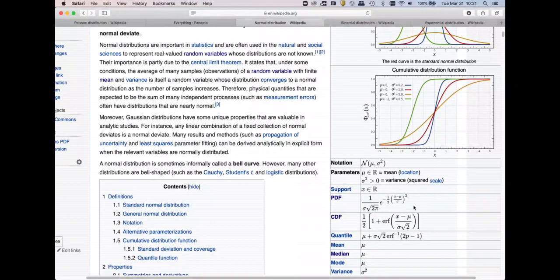Now this PDF is typically an equation that involves the parameters. These parameters control the shape and the location of the distribution. In this case, mu moves the center of the normal distribution around. Sigma determines how dispersed it is.